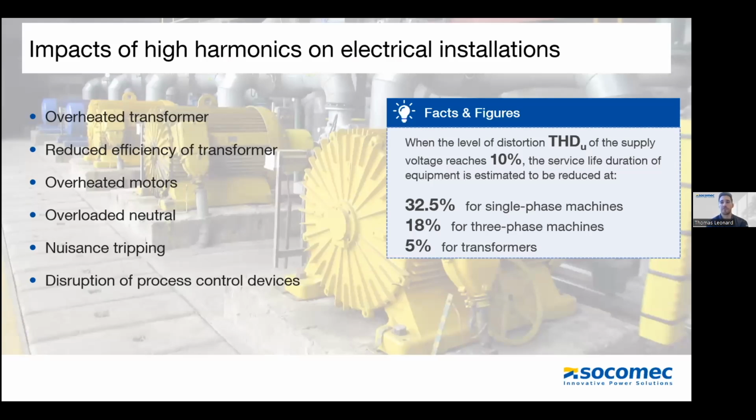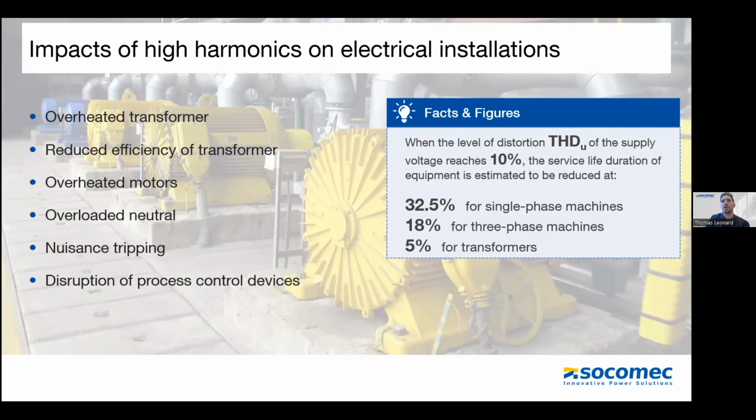For example, the third harmonic will accumulate in the neutral for all the phases. This will create an overloaded neutral, so overheating of the neutral conductor, which may have to be oversized. It'll also disrupt some control and process control devices.